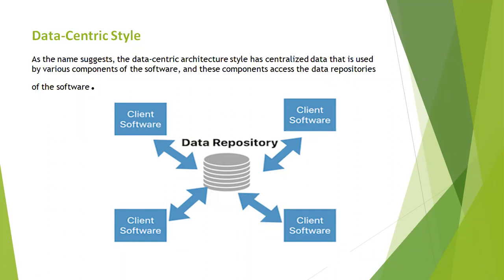Clear? And one more example for this data centric style, DBMS, I mean database management systems. In general, each and every organization has their own database. For example, if you take a bank, one bank may have a server.